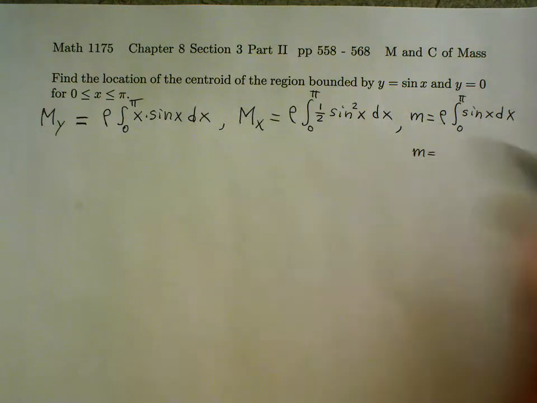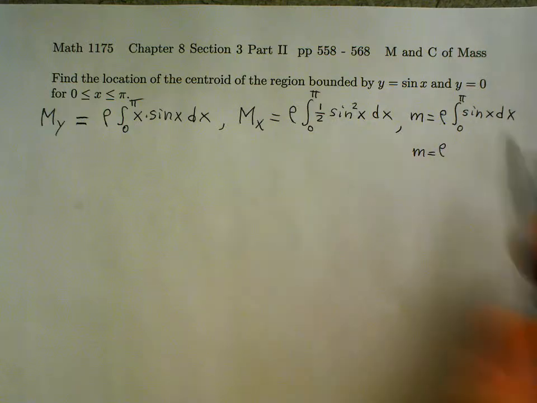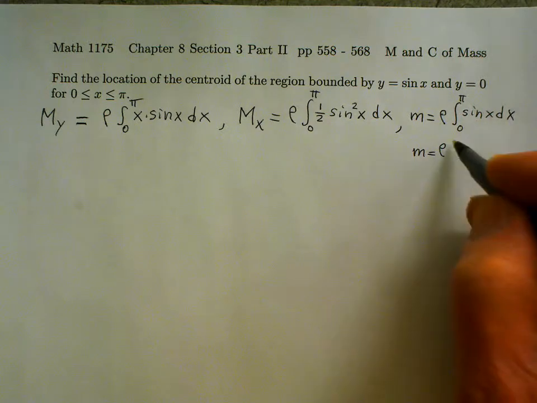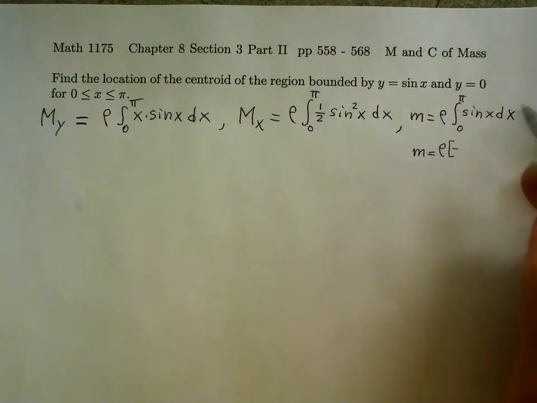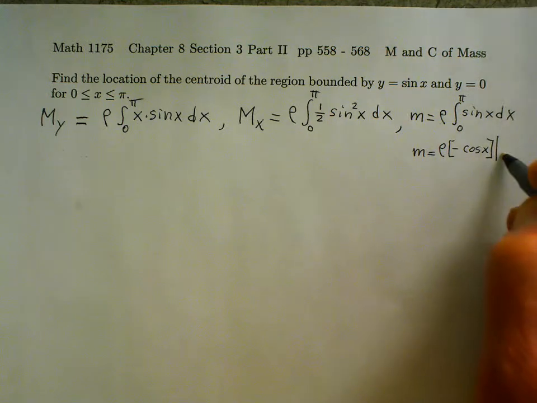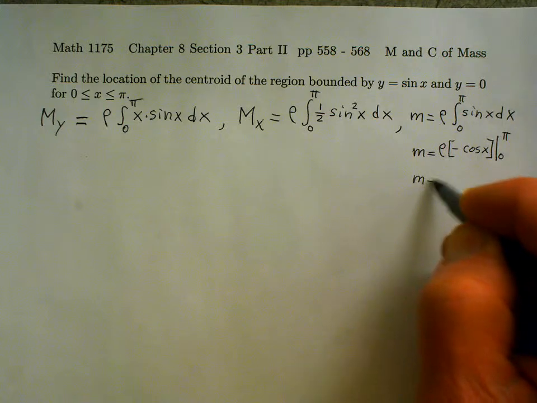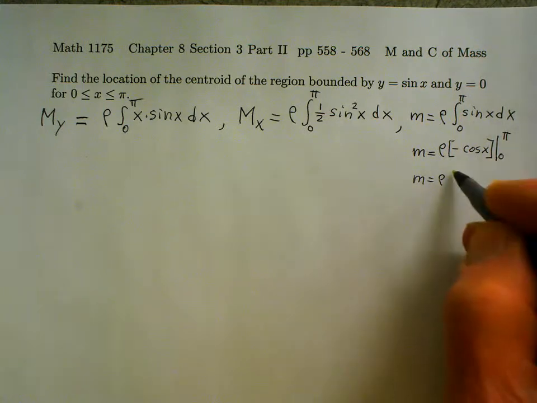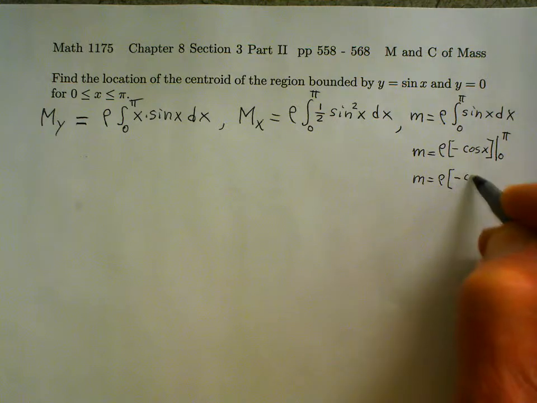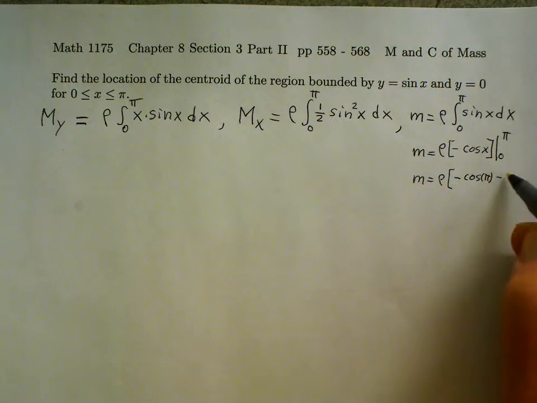So the mass: an antiderivative of sine of x is negative cosine of x, evaluated from 0 to pi. So we get rho times negative cosine of pi minus negative cosine of 0.